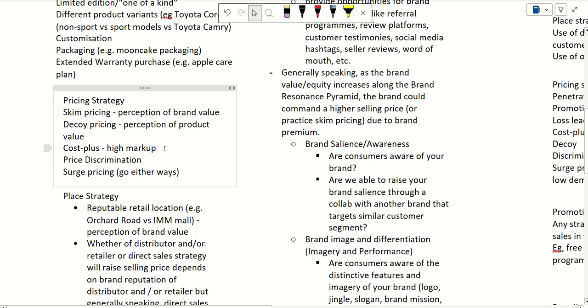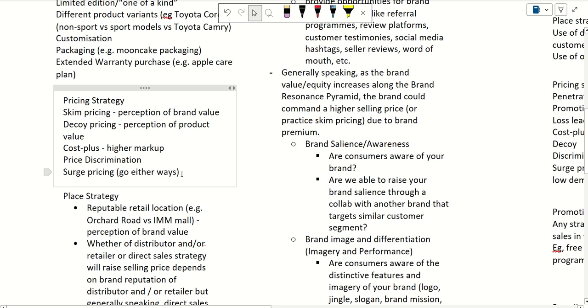Okay, cost plus. Cost plus is this idea: if you remember, we just add on top of the cost to make the product, so just do a higher markup, and then it becomes cost plus. Next, price discrimination. You can do price discrimination to target a certain group that is more willing to pay more, so that you can get a higher selling price across different segments of customer groups.